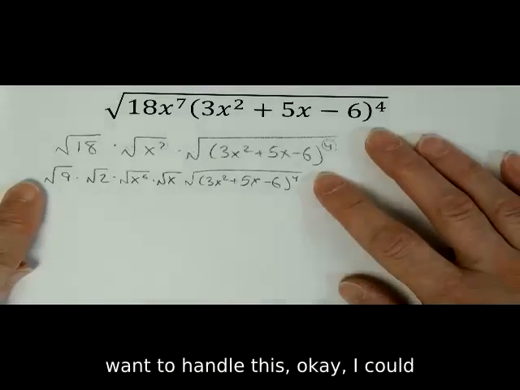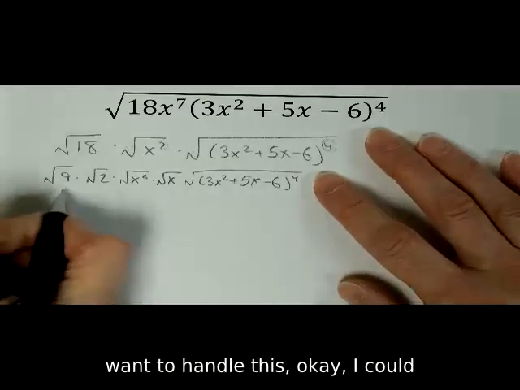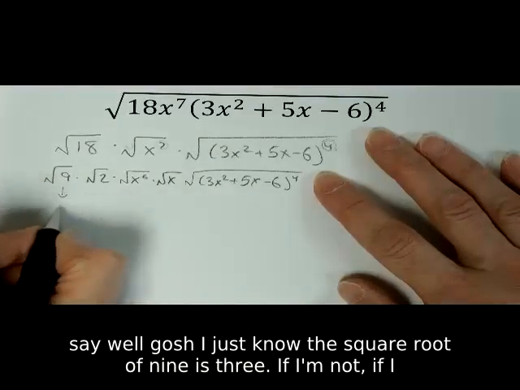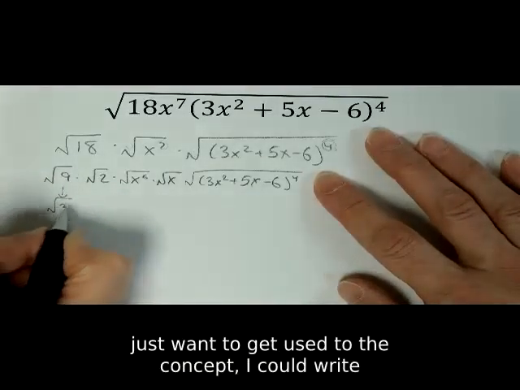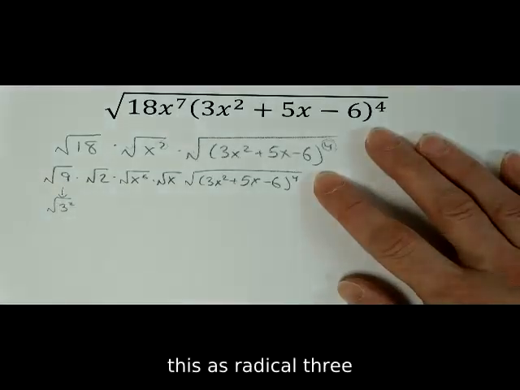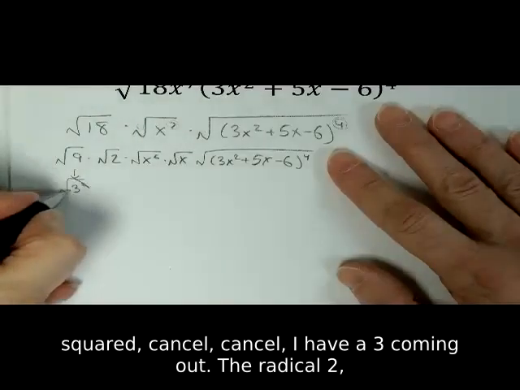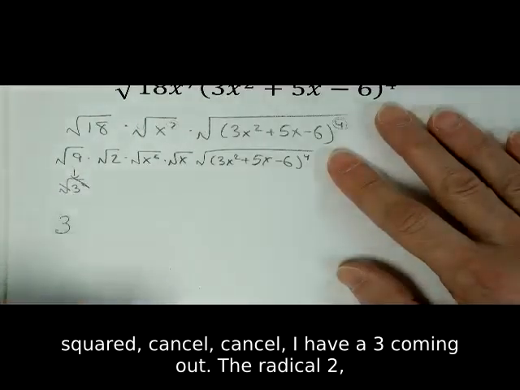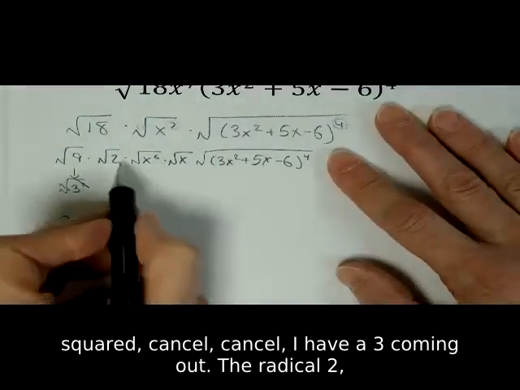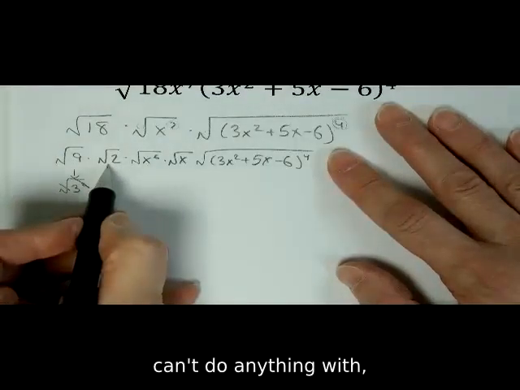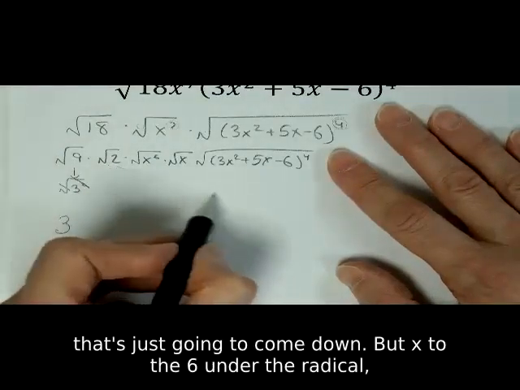I could say, well, gosh, I just know the square root of 9 is 3. If I just want to get used to the concept, I could write this as radical 3 squared. Cancel, cancel. I have a 3 coming out. The radical 2 I can't do anything with. That's just going to come down.